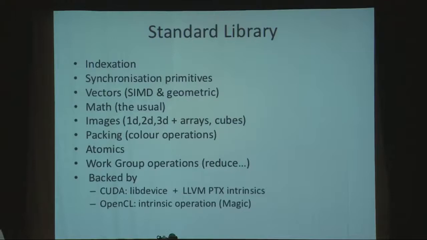There's packing functions and whatnot, atomics. And then there's group operations as well. These are backed by libdevice and PTX, LLVM PTX intrinsics, and for OpenCL the intrinsic magic stuff at the moment because of the mangling thing right now.